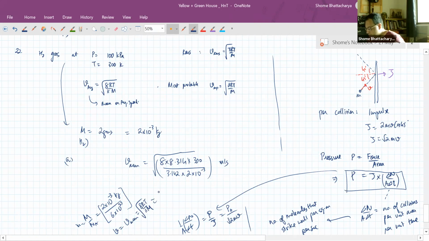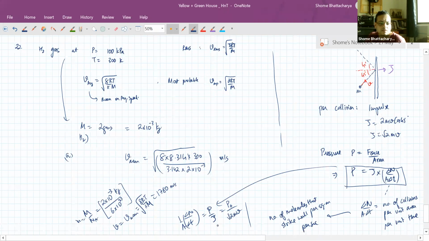When you calculate this mean speed, it will come out to be approximately 1780 meters per second. So you substitute that here and you get this factor which they're asking. And that's the 22nd question.